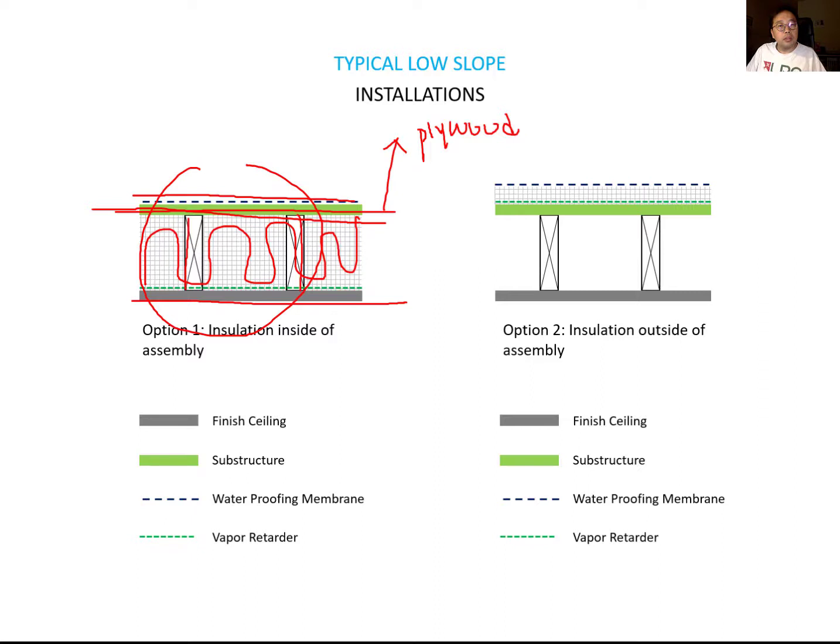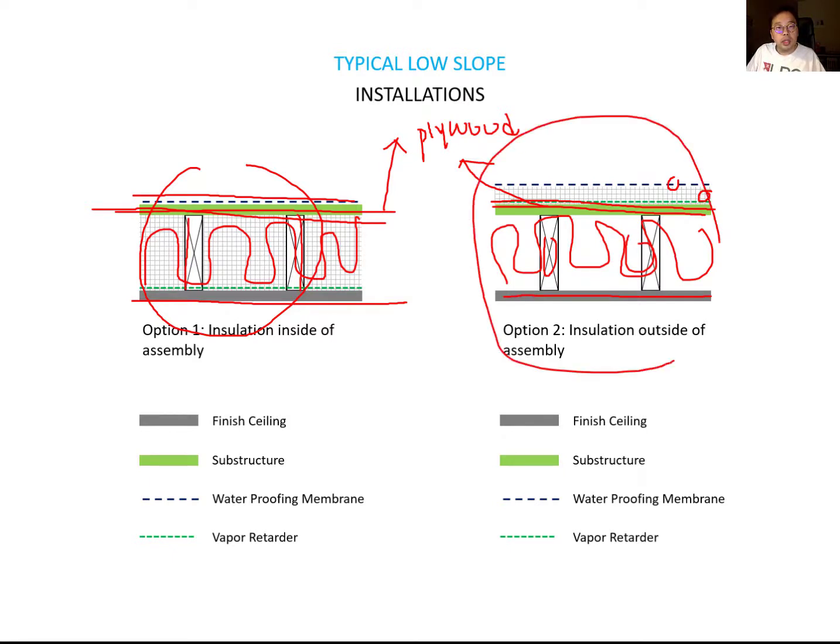Okay, but when you have the rigid insulation outside, it works as well. So it means the finished ceiling material, and you can have the framing. You can even add insulation here, and you can have a substructure. And in this case you can add a vapor barrier outside, and you can add the rigid insulation outside, and add the waterproofing membrane to protect the insulation.